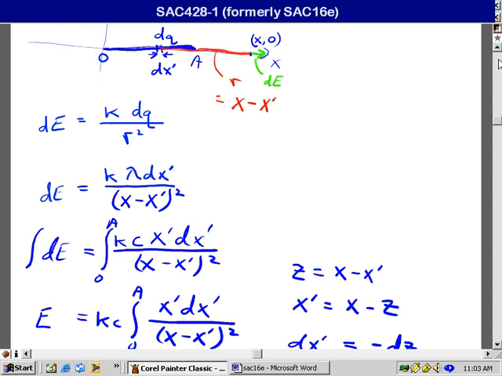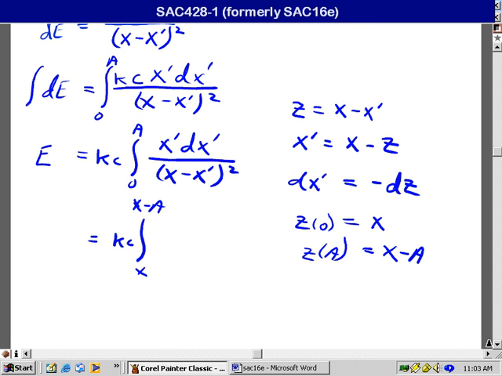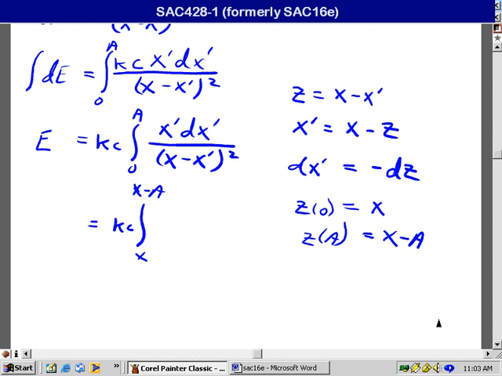Remember that x is the position where I'm calculating the electric field over here, and as I sum up all the little pieces over here, that position remains fixed. So x is a constant with respect to integration here.